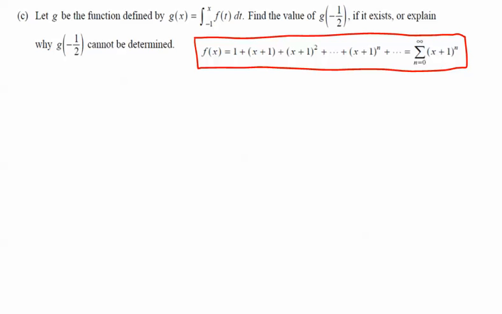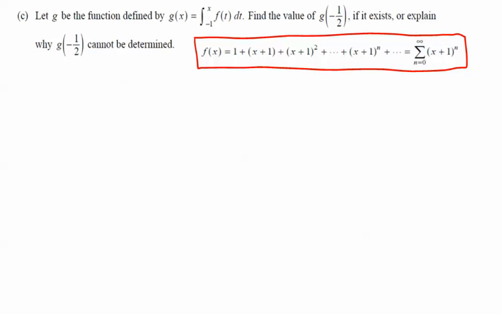But that's going to be a problem here because we not only want to find g of x, we want to evaluate g when x is -1/2, which means we need to be able to find the value of an infinite series, or what it sums up to be.